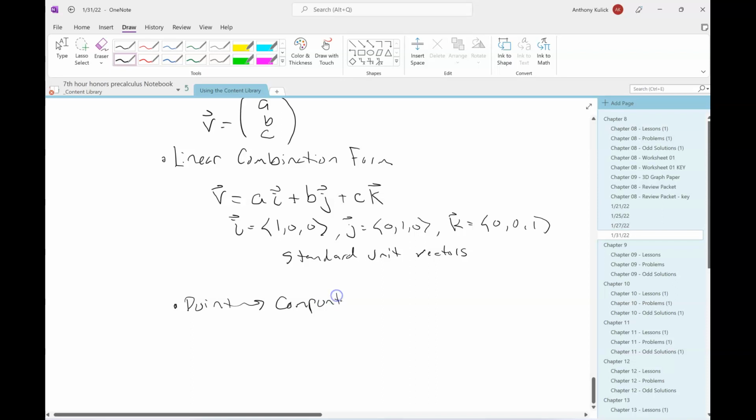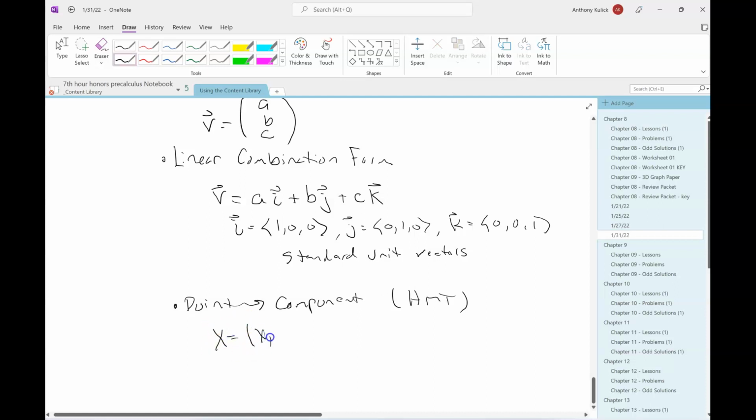So to go from points to component form, remember in 2 dimensions, we just did the head minus tail rule. In 3 dimensions, we still use the head minus tail rule. Let's see, let's do U. How do I want to say this?